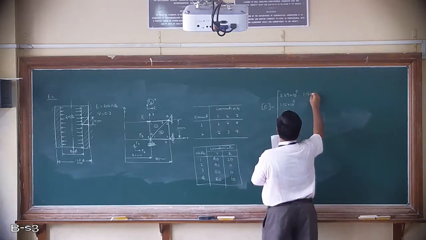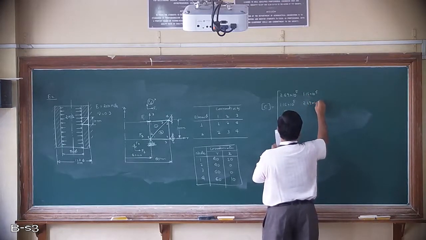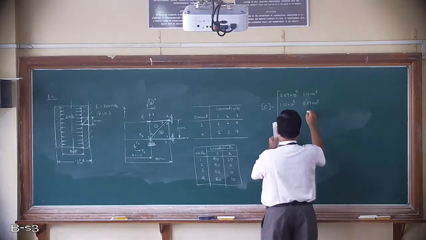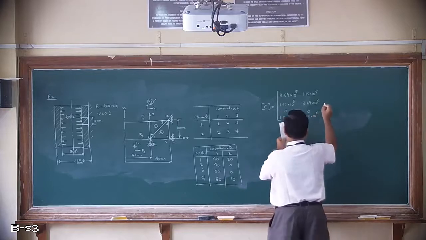The second row is 1.15 into 10 raised to 5, 2.69 into 10 raised to 5, 0, 1.15 into 10 raised to 5.